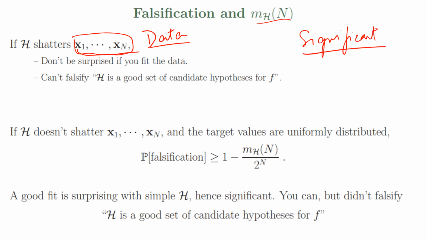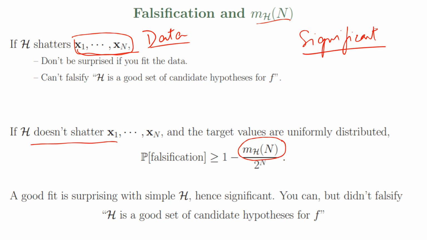So another quantifiable way of saying why this is significant is that we're looking at this one. Let's assume that H is another hypothesis set that does not shatter this data set, right? And let's say the data is uniformly distributed. If you think about it, because this is a simpler hypothesis set, we can say something about the growth function for that hypothesis set, right?